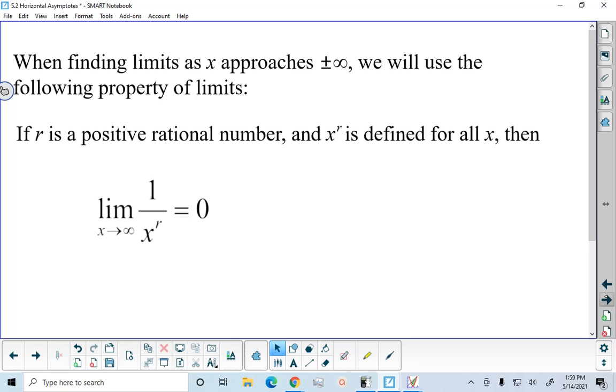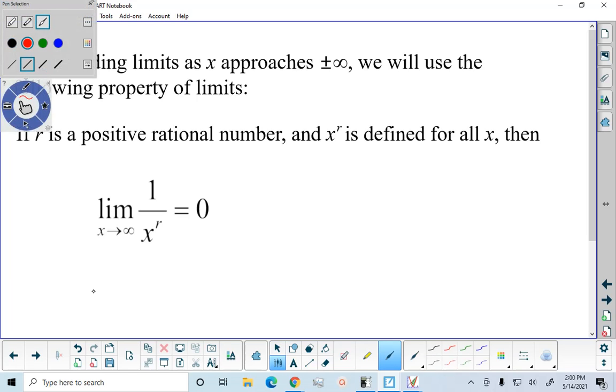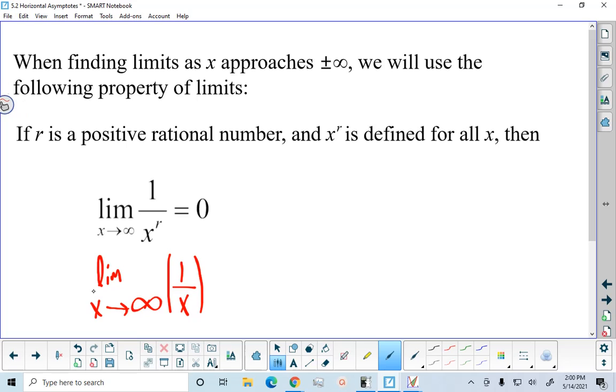And I mean, just think about this. If I said to you that we want to take the limit as x approaches infinity of 1 over x, well, as the bottom of this expression, which is x, gets infinitely large, the entire expression gets infinitely small.